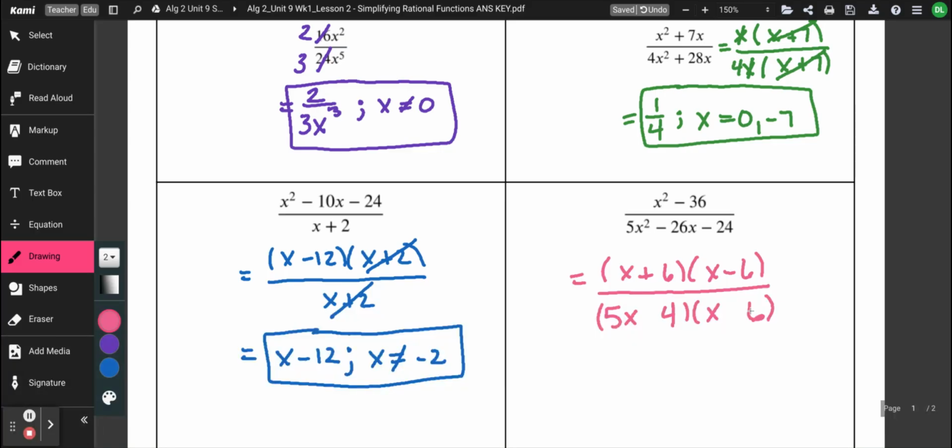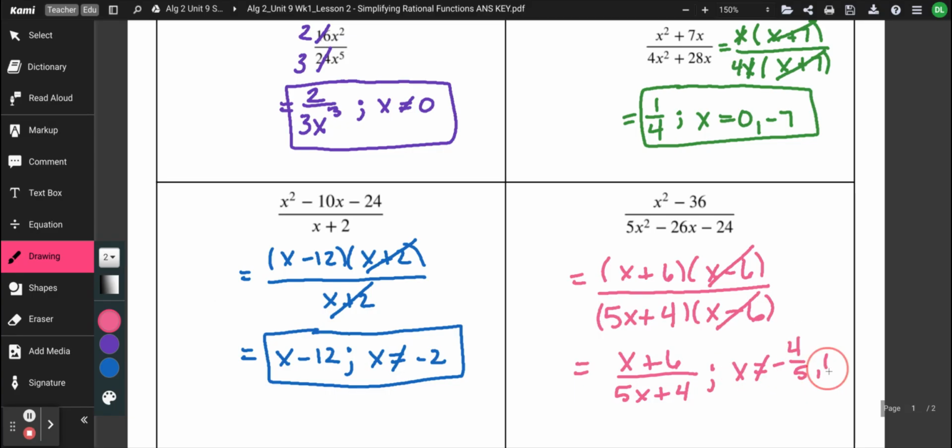So here I would have 30x, inside I would have 4x, and if I subtracted those, I would get a 26, and I want it to be a negative 26, so I want my outside term to be the negative. Now I can cancel my x minus 6 terms, and I'm left with x plus 6 over 5x plus 4. Okay, and again, x cannot equal a negative 4/5 or a positive 6.